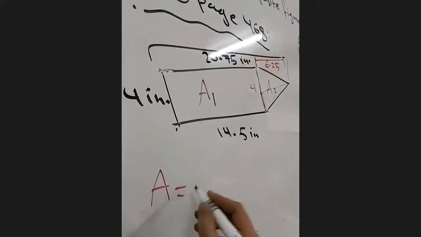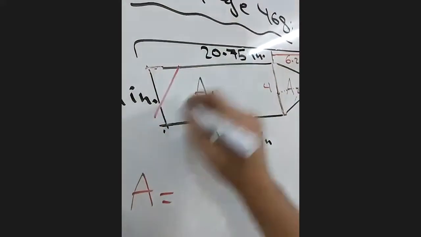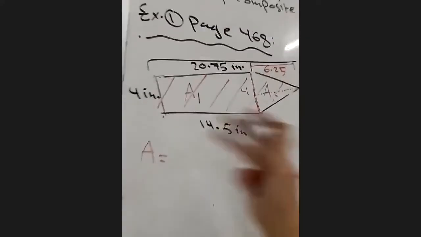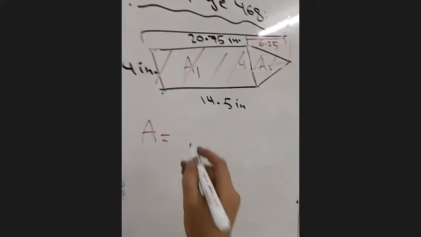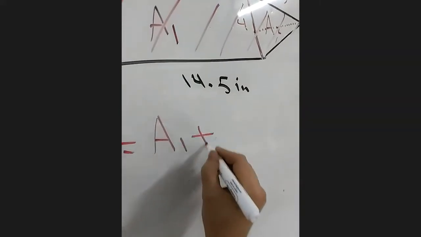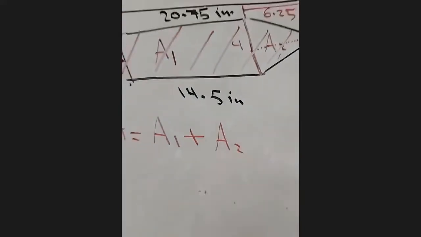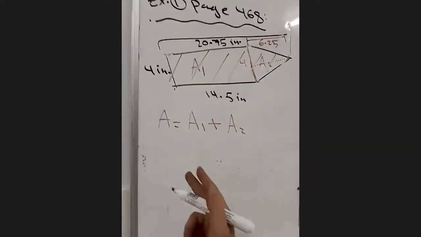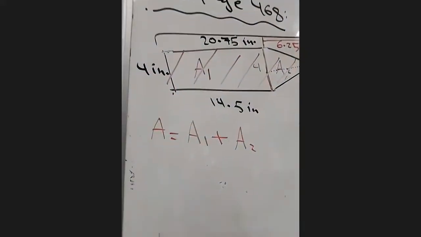So A equals, what's A now? A is the whole area. A equals A1 plus A2, right? A1 is for the rectangle. What's the area of the rectangle?